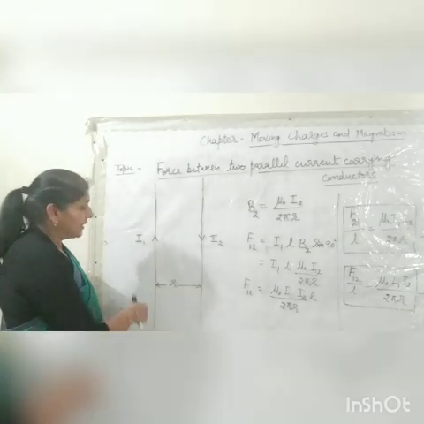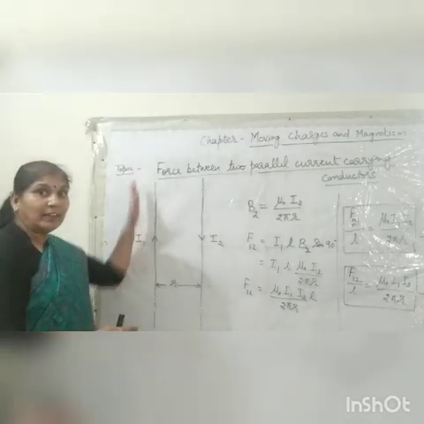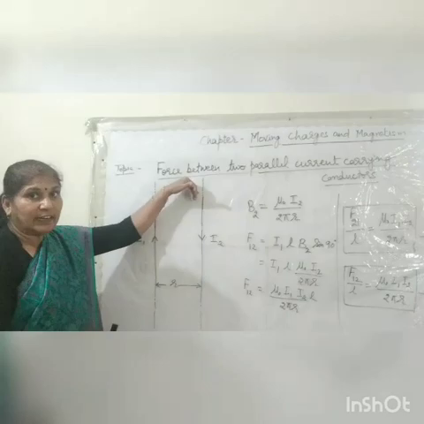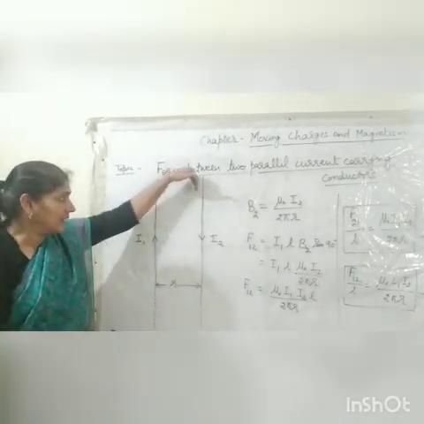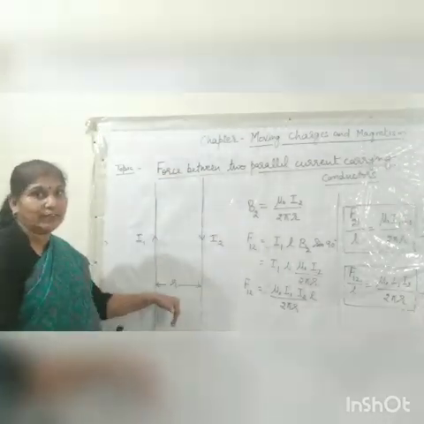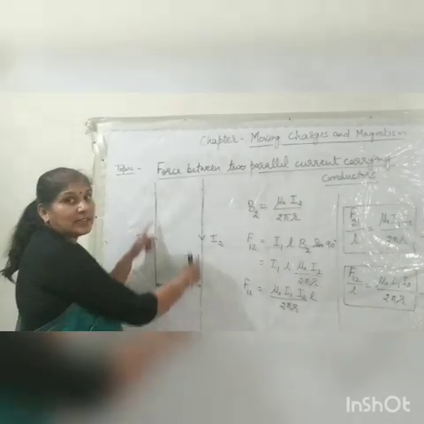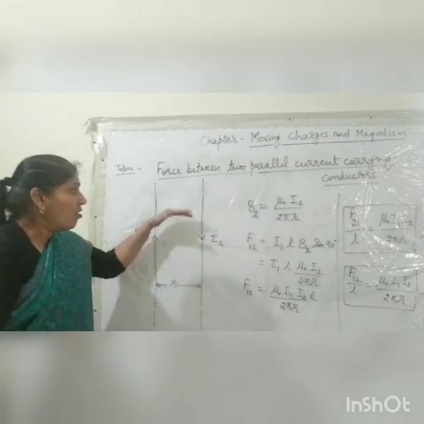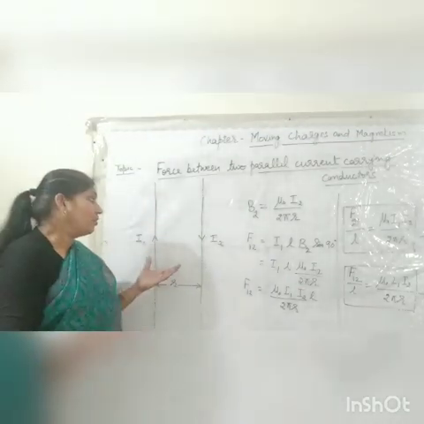Look at this case. Here in conductor 1, the current is in the upward direction, while the second conductor, which is parallel to the first conductor, is carrying a current in the downward direction. So these two currents are in opposite directions. Now what will be the amount of force?